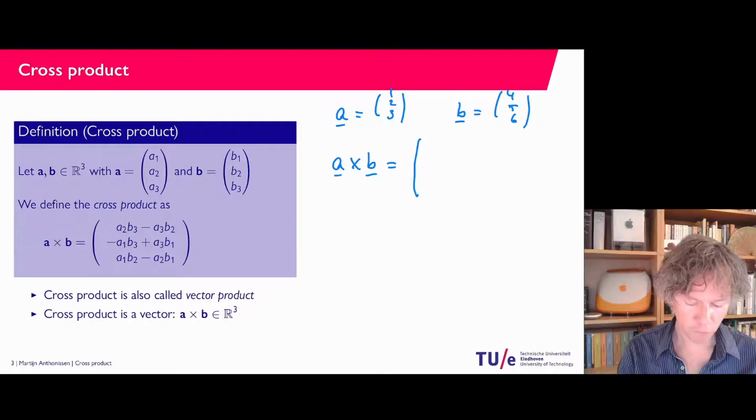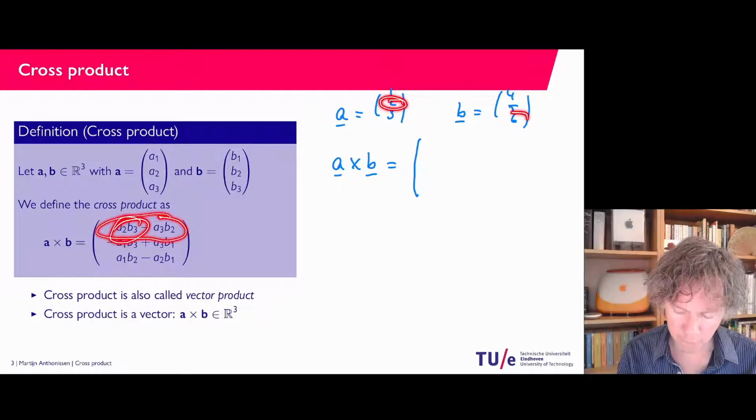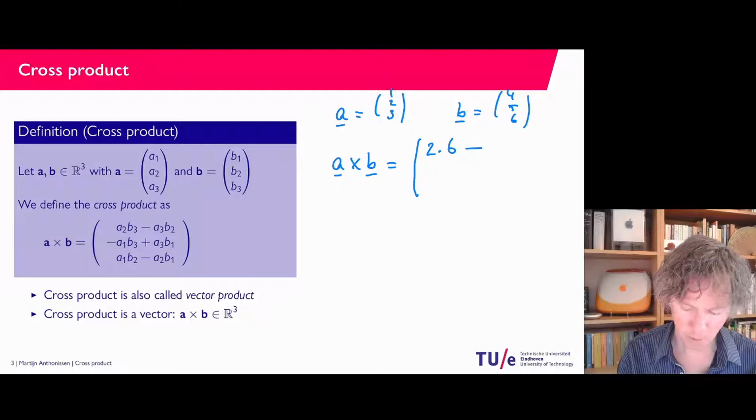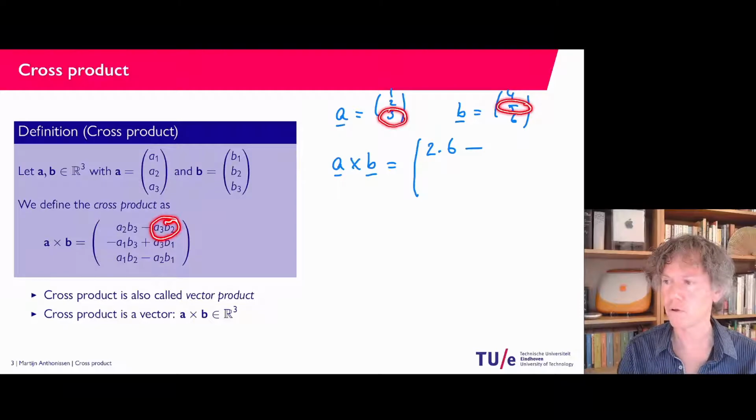And then for the first component, I have to start with A2 times B3. So A2 is this 2 and B3 is this 6. So we get 2 times 6 minus, and then we have the third component of A times the second component of B. So this 3 here times this 5 here.